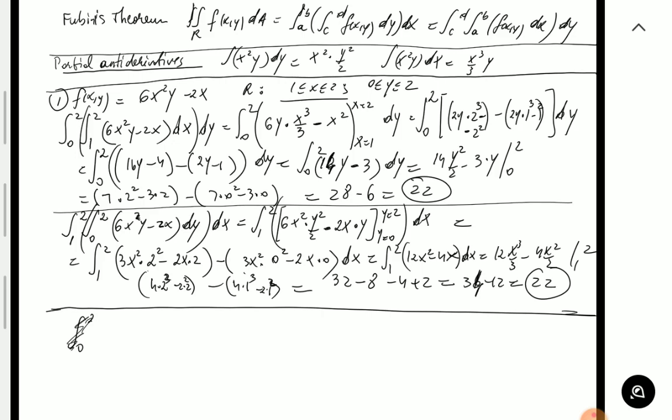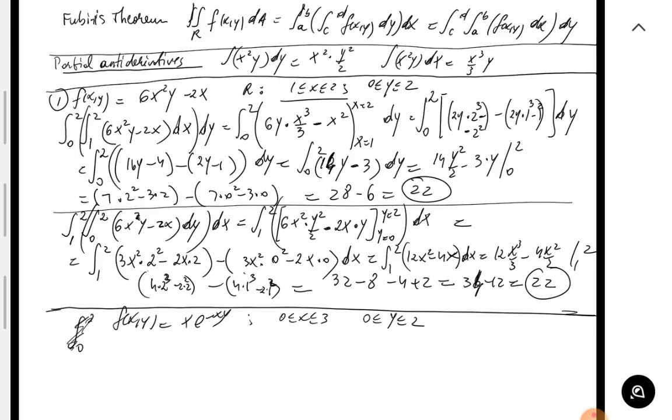But for example, let's say my function is x e to the minus xy, and the domain is 0 to 3 for x and 0 to 2 for y. Do I care about the order of integration?